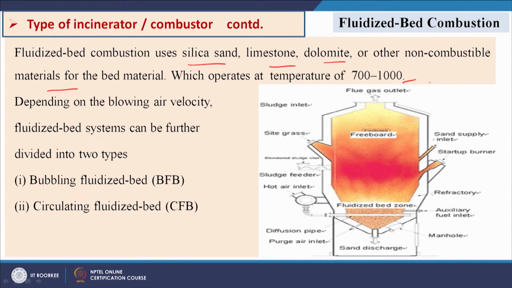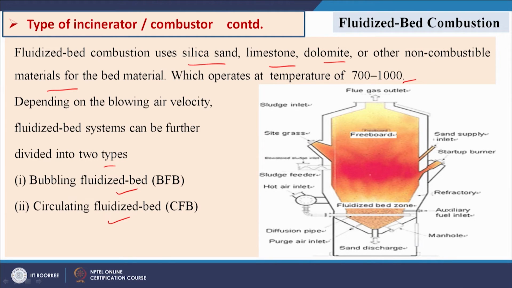So, there are two types of arrangement or design for this fluidized bed combustion unit. One is your bubbling fluidized bed, another is your circulating fluidized bed. So, depending on the blowing air velocity, fluidized bed systems can be classified into these two categories.